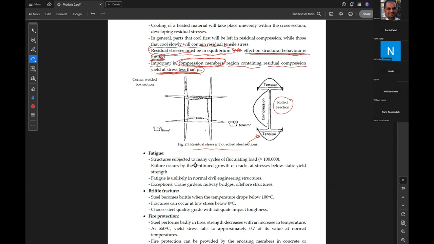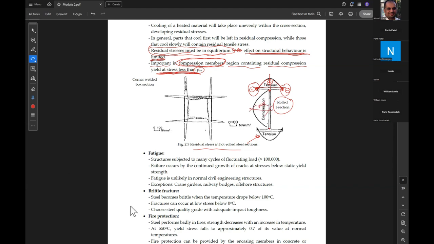We have some stresses like that on the member. Some stresses are compression and some are tension. This is the shape of the stresses on the hot rolled section. It is very small at the edges and maximum at the middle. Here also on the web, it is almost zero at the ends and maximum at the middle.